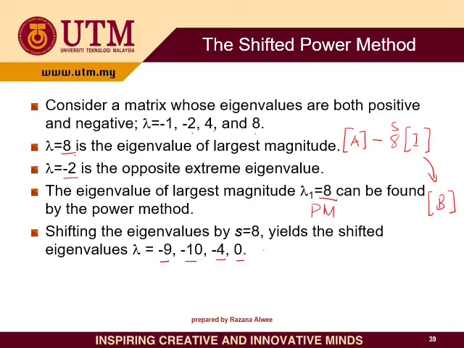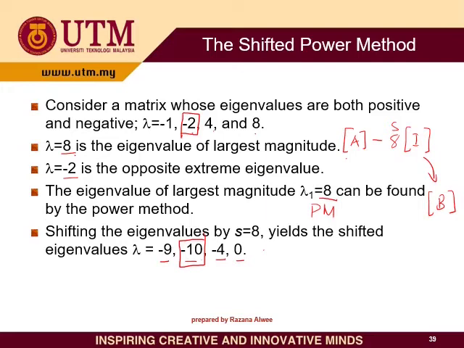Which one has the highest magnitude in matrix B? It is 10, right? So what is 10 here? In the eigenvalues of A, it is the value of negative 2. So it is not the smallest magnitude.